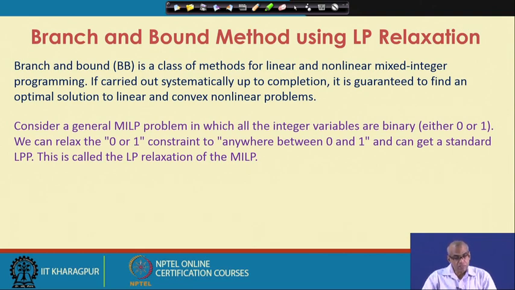So, if we relax this 0 or 1 constraint to anywhere between 0 and 1, I get a standard linear programming problem. This is called the linear programming relaxation of the mixed integer linear programming problem.